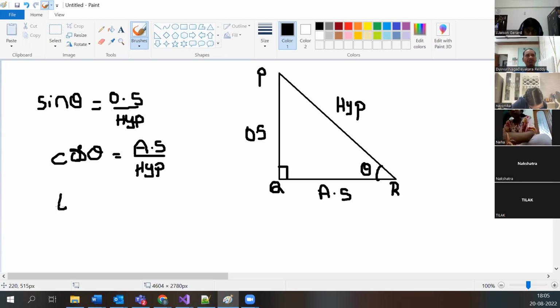Next, the definition of tan theta is the ratio between opposite by adjacent, opposite side by adjacent side. This is purely the definitions, in terms of opposite, hypotenuse and adjacent side.